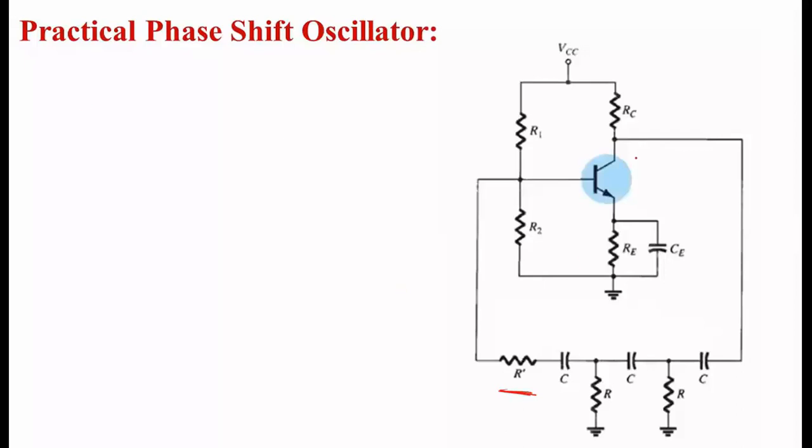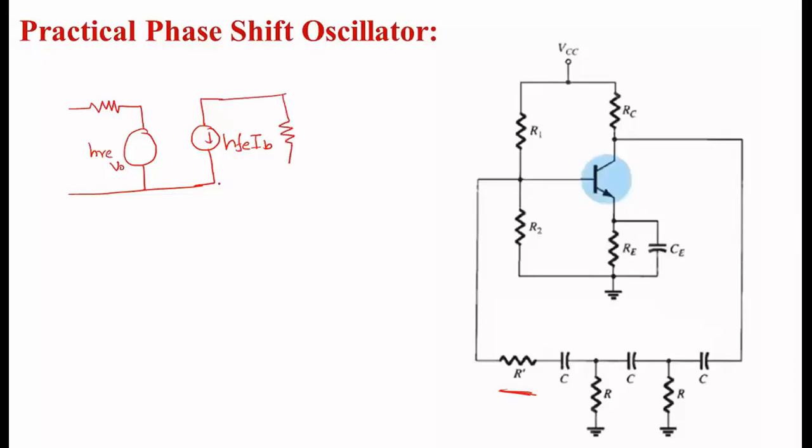So first of all, let's draw the H parameter model for this transistor, and we know that we can draw it as, so this is HIE, and here we have the HRE V node, and here we have the HFE IB, and here we have the HOE.